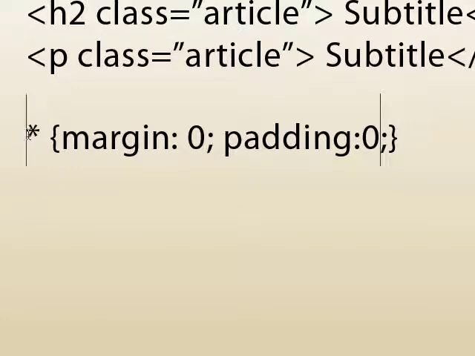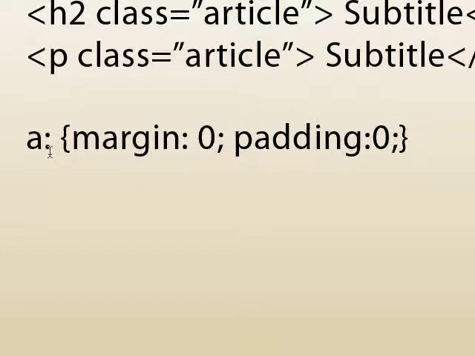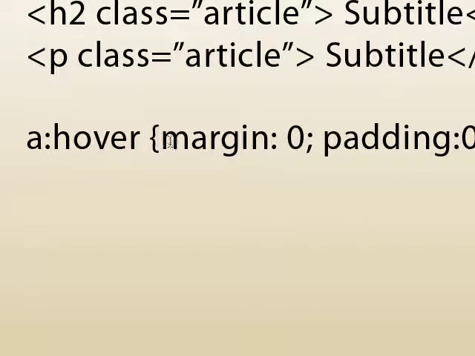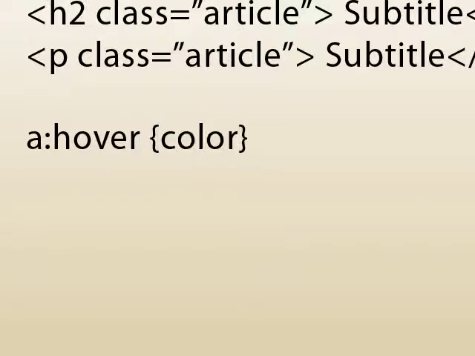Here's another kind of selector. It's called a pseudo selector, and I can use it to style things that aren't classes or IDs or HTML tags or universals. So for example, if I want to style all of my links so that when I hover over them they have a certain color, then I would use this colon to indicate the pseudo class or the pseudo selector.